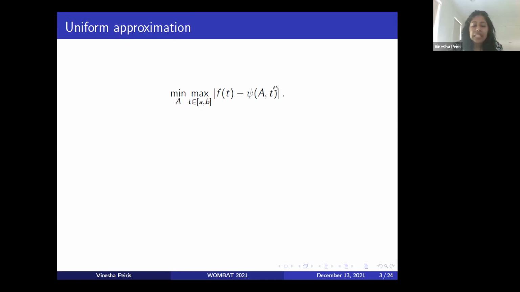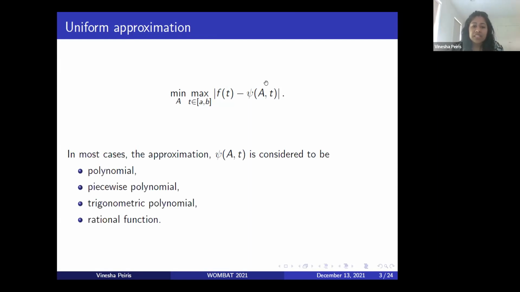This t in psi of A t is the same t as in f of t, and capital A consists of the parameters that we can change. So we are looking for the set of parameters that could give us as best as possible approximation in uniform norm. We are trying to reduce the worst error in our approximation.